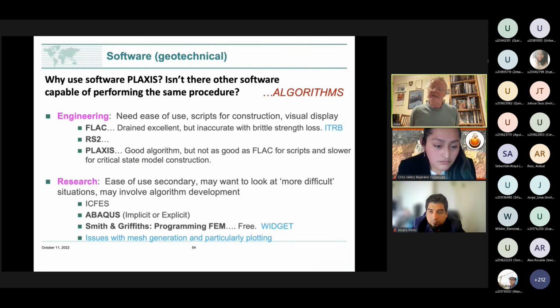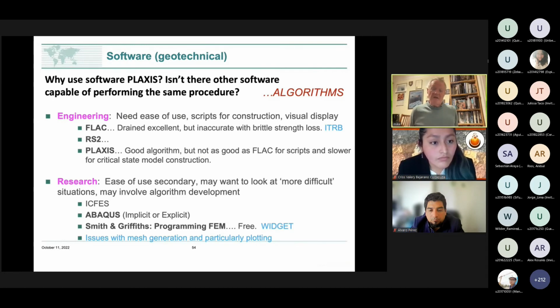It seems to do nice things, but it seems to be restricted to them. What I am seeing in universities, Abaqus seems to be where a lot of university researchers are going. Now, Abaqus comes in two versions, implicit or explicit. From what I can see, I think explicit will probably be better than implicit, because what we're doing involves large deformation behavior, which is what explicit is intended to do.